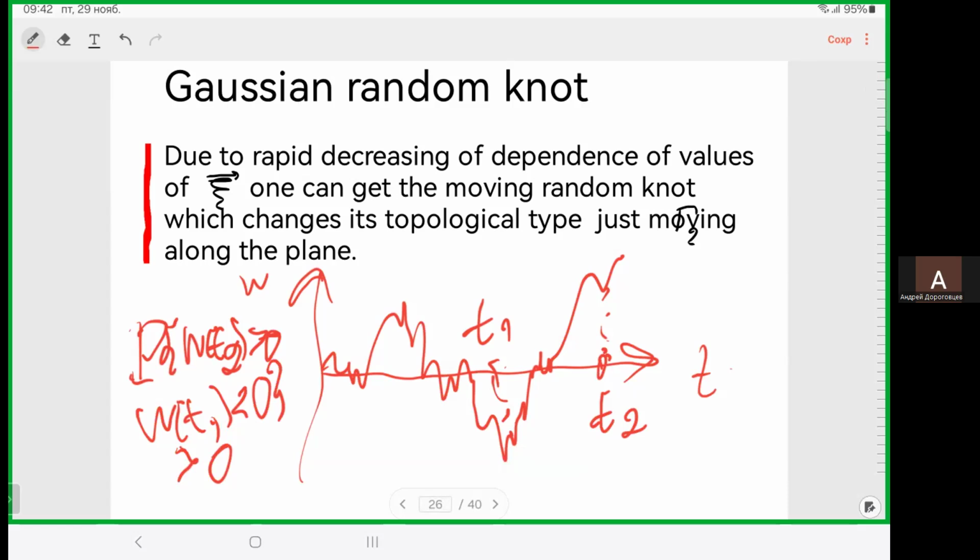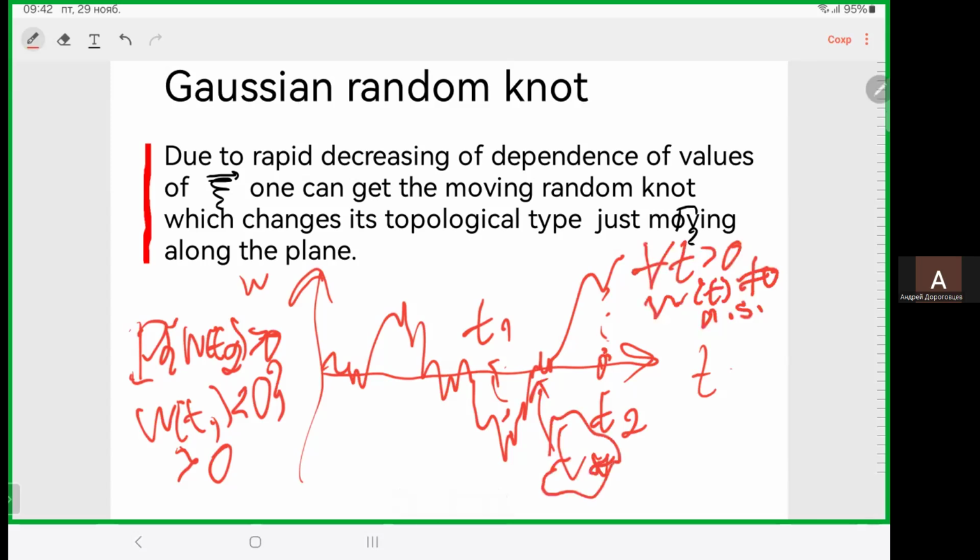But what does it mean? W has a continuous trajectory. It means that somewhere here we have a point where we intersect 0. But let me recall that for any t greater than 0, W(t) is not equal to 0 with probability 1. So this t star must be random.